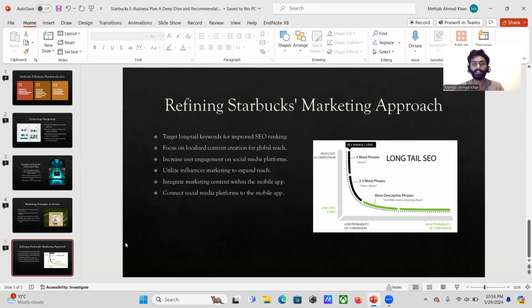These are the strategies and recommendations we have suggested by researching the Starbucks application, focusing on all the social media and all the research conducted on Starbucks, and some of the things we discovered that we studied in our semester. We put all these strategies and recommendations into this report.